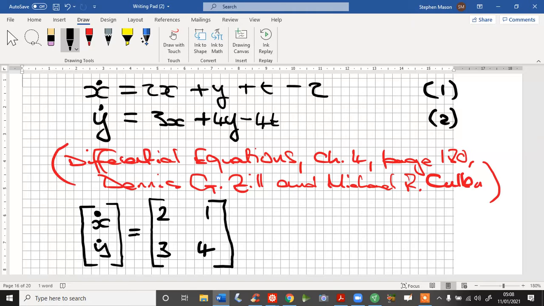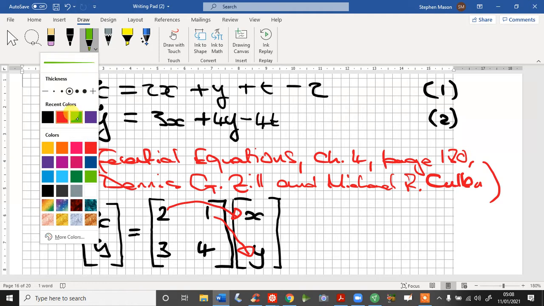And we effectively take out the x's and the y's and write them in this column vector here, because when you multiply this matrix out again, you get 2 times x plus 1 times y, and let me just change color to explain what you do for the next.